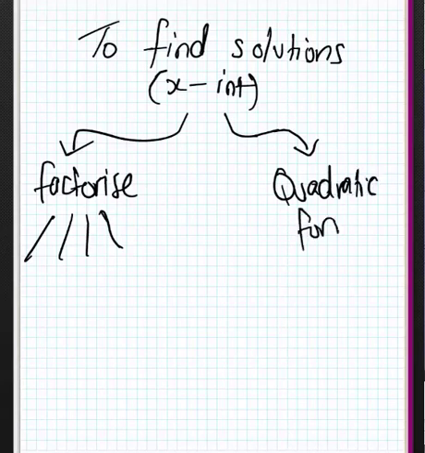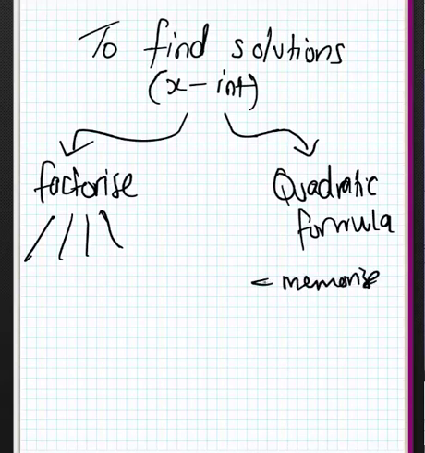And that is something you have to memorize, so please memorize the quadratic formula. And the next important point is always substitute with brackets, so make sure you've got that down somewhere.